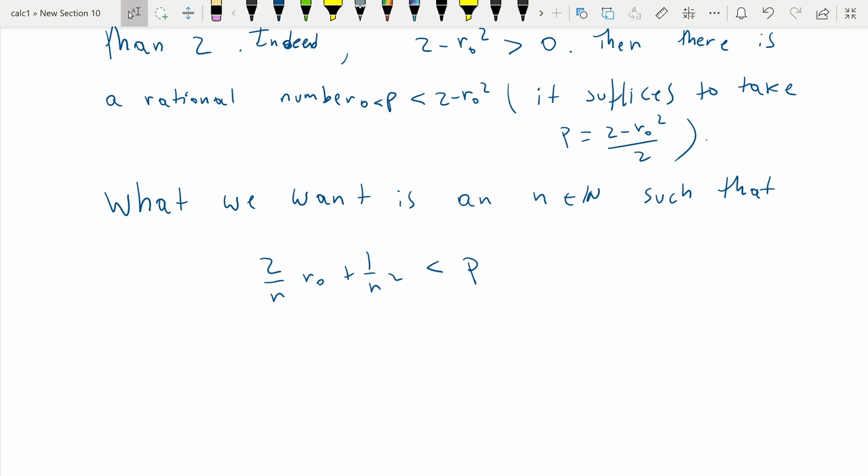Or in other words, what is equivalent to this, 2 r naught plus 1 over n is less than p times n.